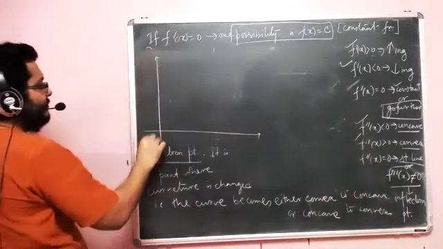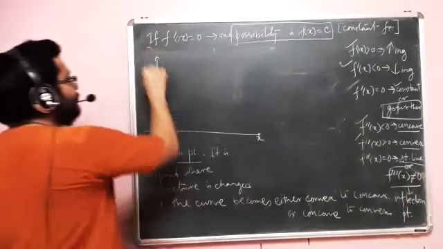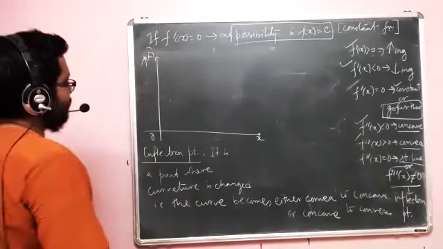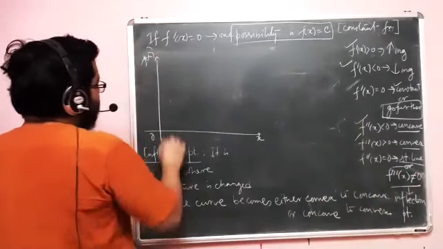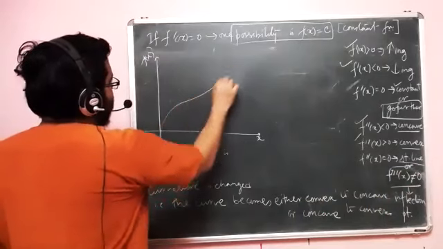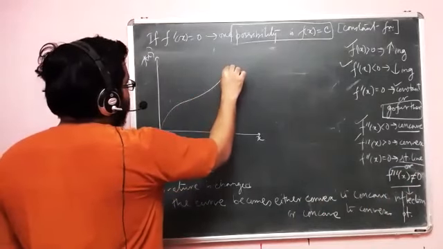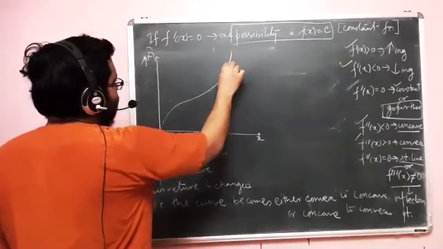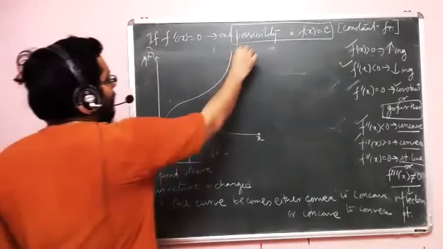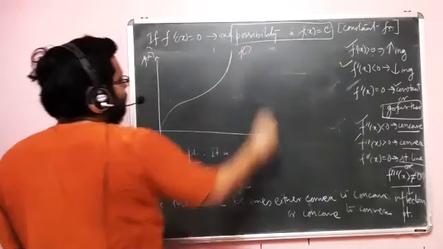Okay, so let's take a graph. Now for this one, let us write like this. So let's say this is my graph. This is my f.